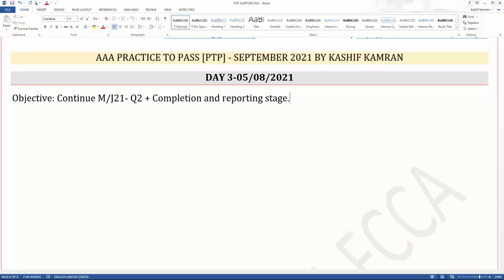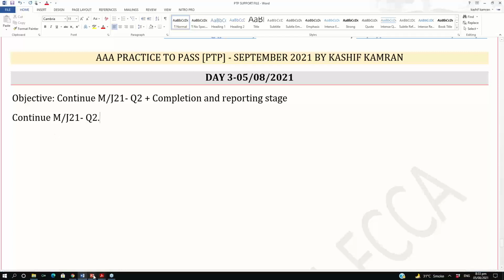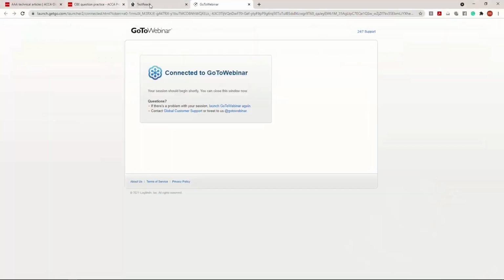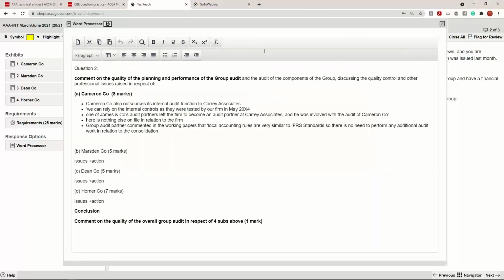So that's what we are looking for today. Now let's first continue with the March-June 21 question. Let's understand something more from it using the practice platform, and let's see how we go about doing the question. Now, if I can just open the practice platform for you. I hope you can see the practice platform on your screen.